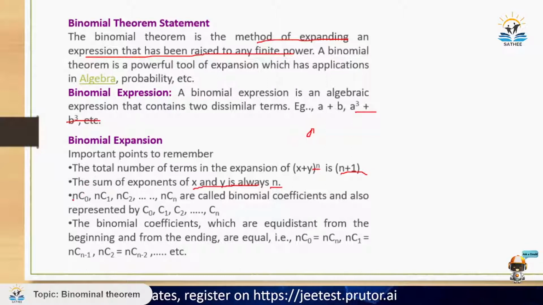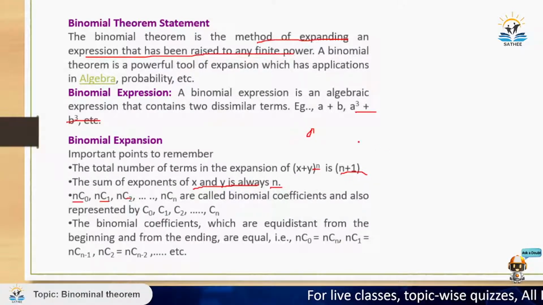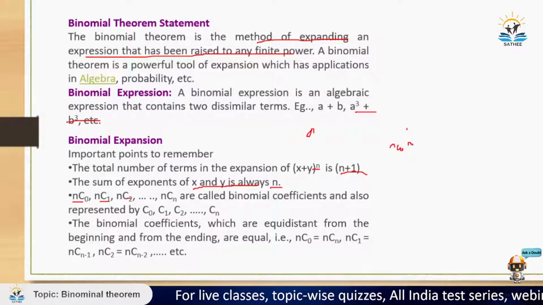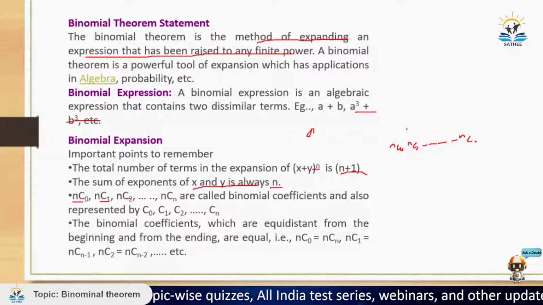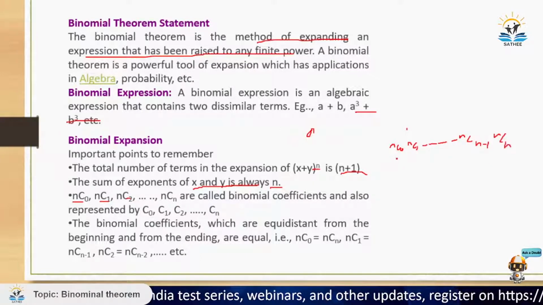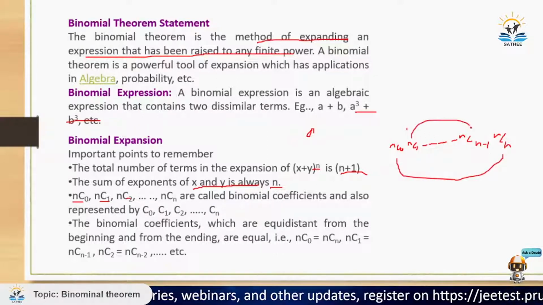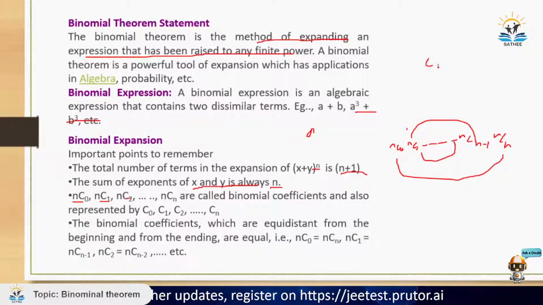ठीक है. देन हम लोग बाइनोमियल कोफिशिएंट्स को ऐसे रिप्रेजेंट करते हैं nC0, nC1, nC2 से, एंड ऑल दीज आर बाइनोमियल कोफिशिएंट्स. इसको कभी कभी हम लोग C0, C1 लिखते हैं, n को इग्नोर कर देते हैं. एंड जो एक और चीज है, nC0, then nC1, dash dash dash, nC(n minus 1), then nCn. तो जो फर्स्ट एंड लास्ट होंगे वो बराबर होंगे, मतलब nC0 और nCn बराबर होगा, nC1 और nC(n minus 1) बराबर होगा, देन nC2 और nC(n minus 2) बराबर होगा. मतलब बेसिकली जो सीक्वेंस वाला कोफिशिएंट है, उनका सब्ट्रैक्शन ले लेंगे.